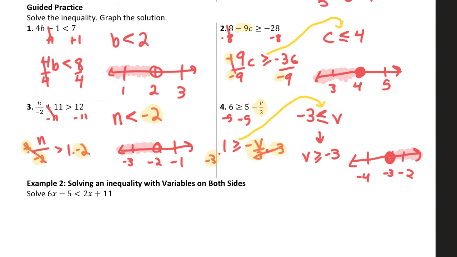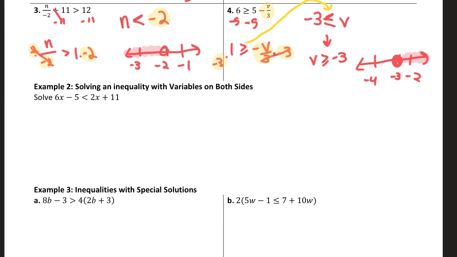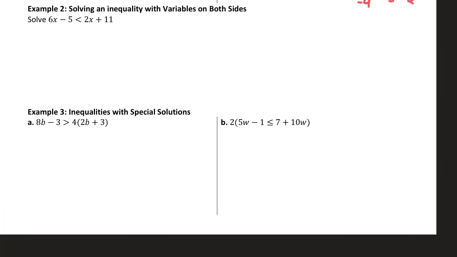So moving ahead, now we're talking about inequalities with variables on both sides. Here we've got to pay attention to getting the variables on the same side. That means we're going to have to subtract variable terms from both sides. I've got 6x on one side and 2x on the other side. So I'm going to move 2x to the other side, and the way I do that is I'm going to subtract 2x from both sides.